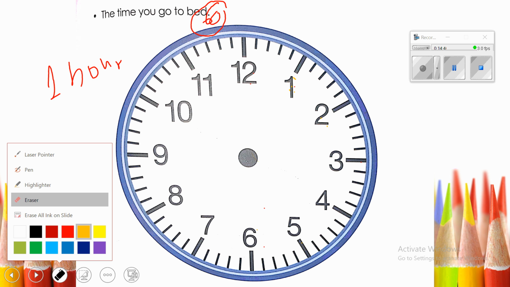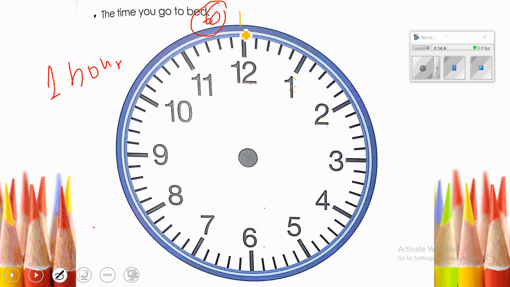Do you remember the fraction when I partition a circle into halves? Let's partition this hour into half. Perfect. So this is a half, this is a half. When the minute hand is on 6, I have to read it half past.